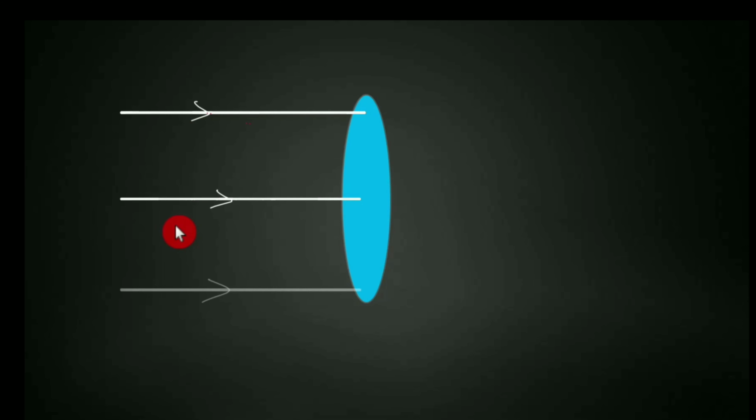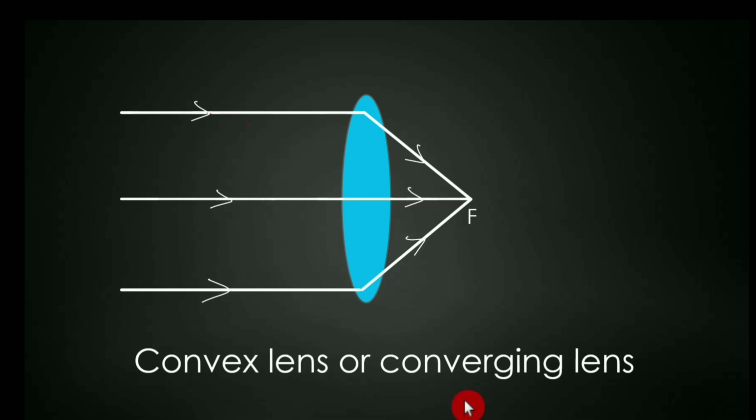Now see this convex lens. When a parallel beam of light rays comes and falls on the convex lens, the convex lens will converge the light rays at a point called focus. So a convex lens is also called a converging lens.